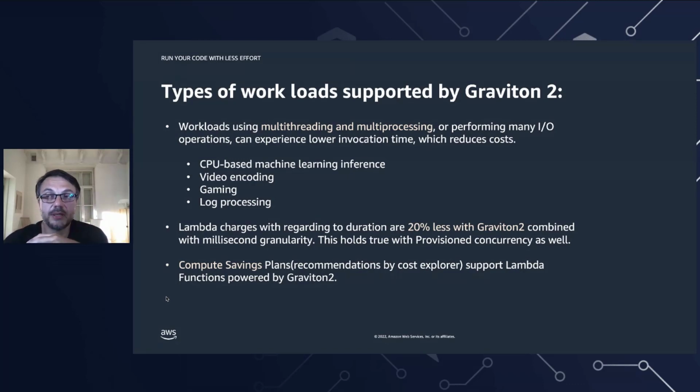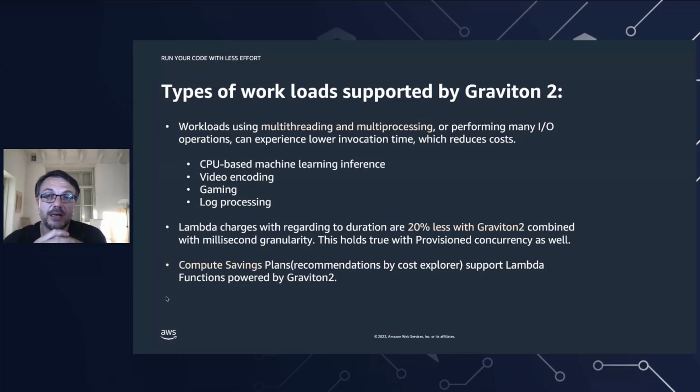And the good news here is that what we usually observe from our customers is that Graviton and ARM architecture performs a little bit better. And also it will cost you less.